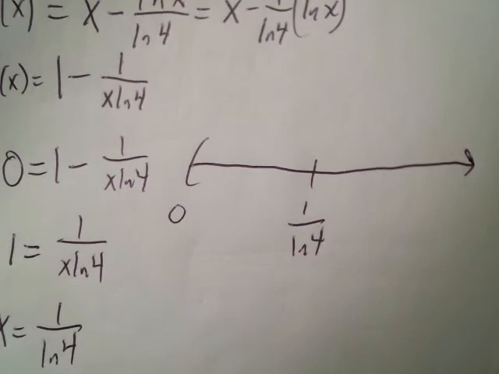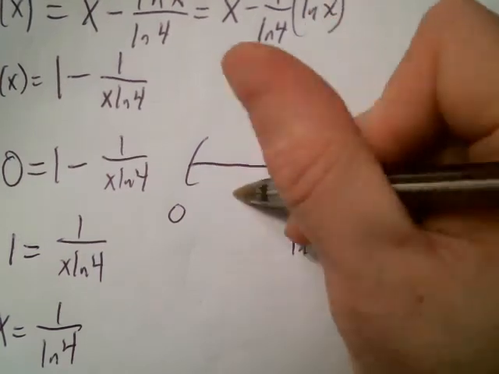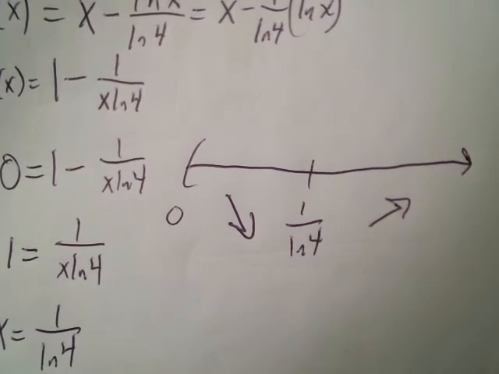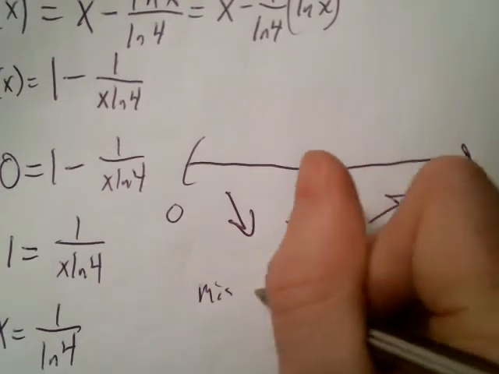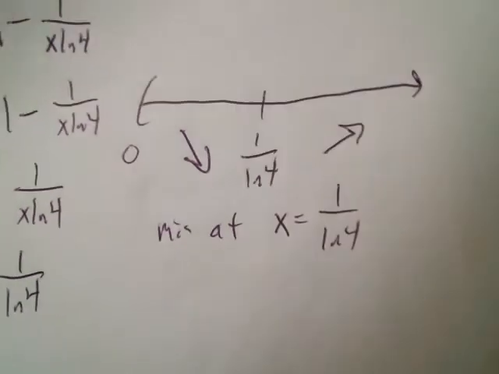I'm going to cheat and get that answer. It looks like it's increasing here and then decreasing here. So I'll assume you could do the test value and stuff fine. Decreasing. So there's a minimum, and we're worried about how to simplify that answer. Okay. So min at x equals 1 over ln 4.